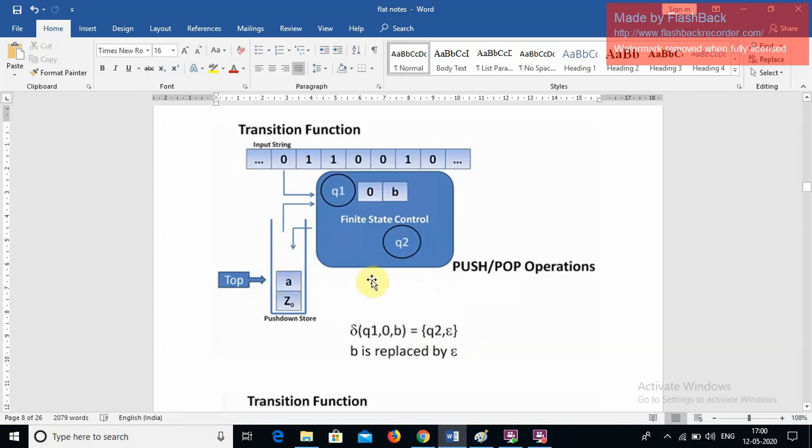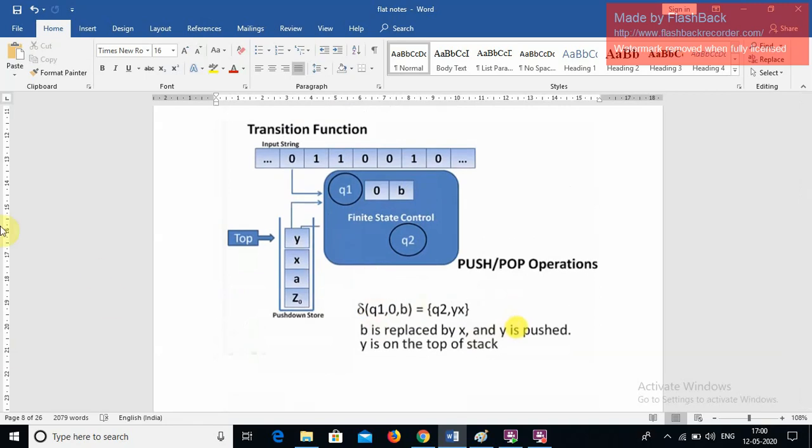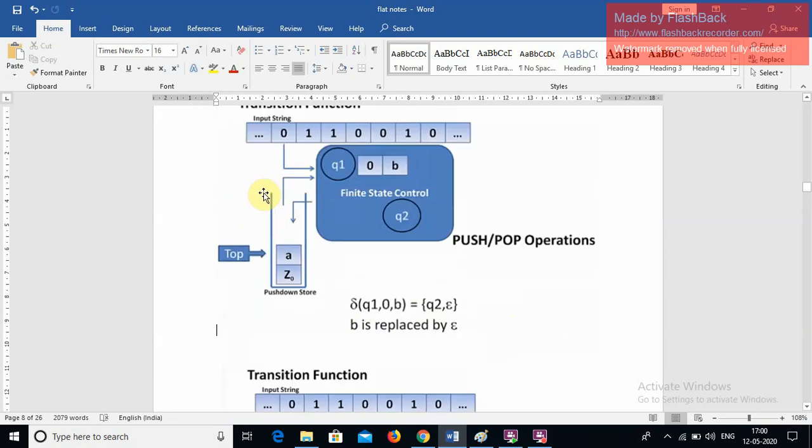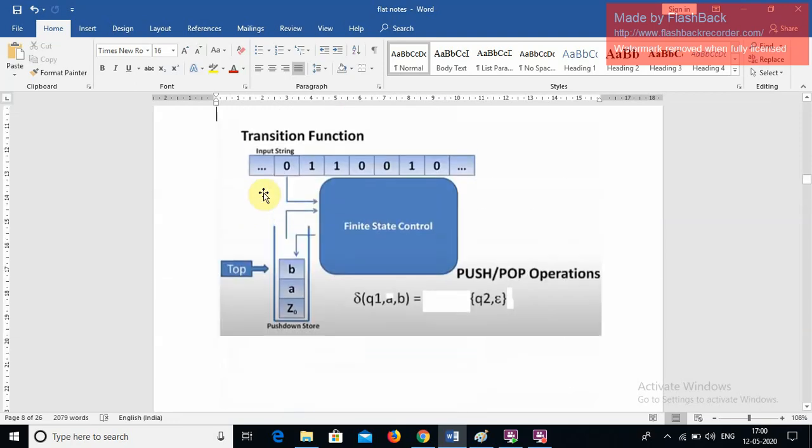So in the same way we can go with another example, a transition function. Here we have an input string 0 and a stack consisting of a set of symbols.